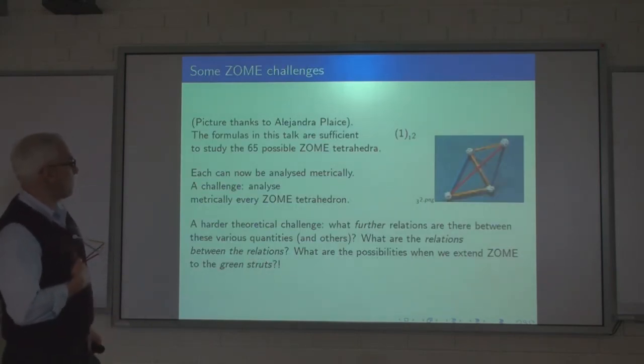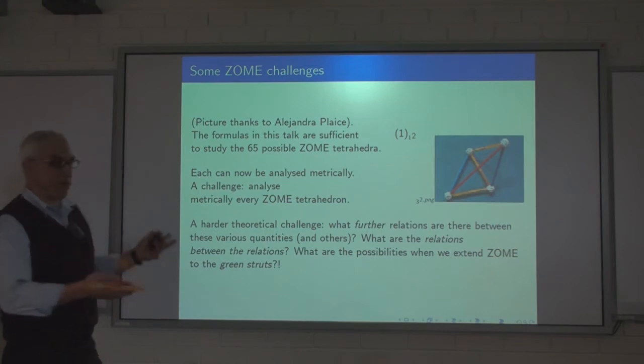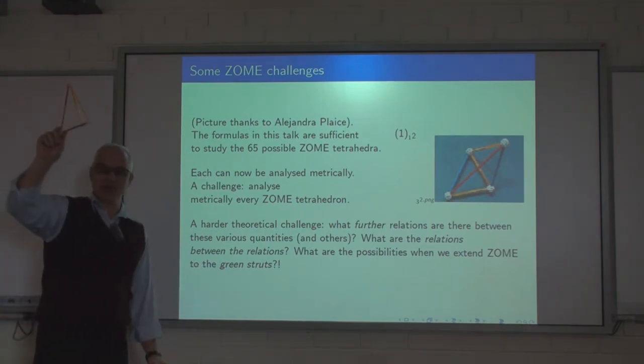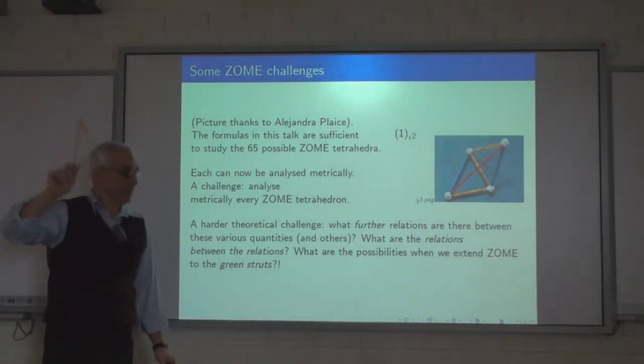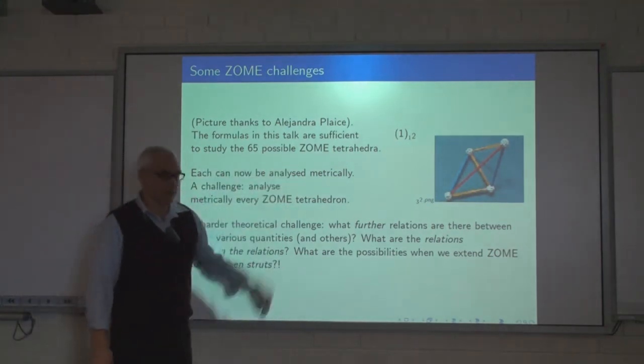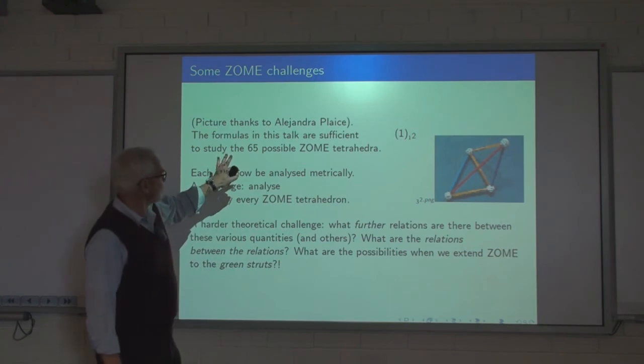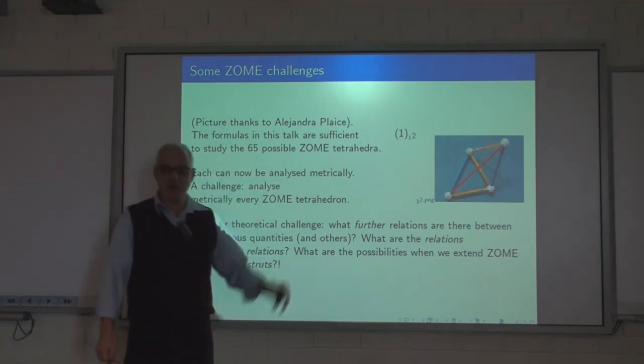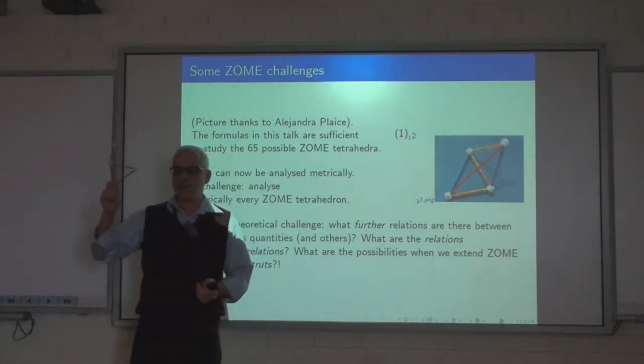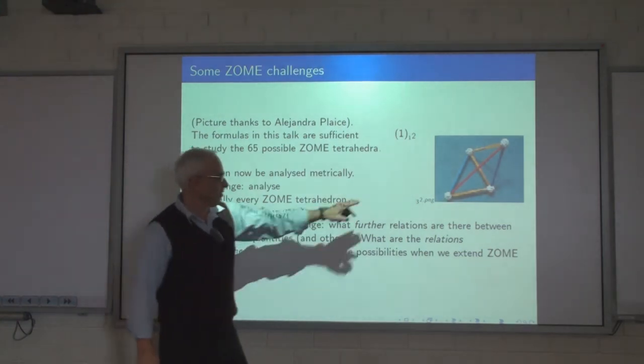Okay, so now there are some challenges here, because this is not the only tetrahedron that one can make with Zome. In fact, Alejandra Place, who's John Place's daughter, sent me 65 pictures of the various Zome tetrahedra that one can make, which she made. Here's one of her pictures.